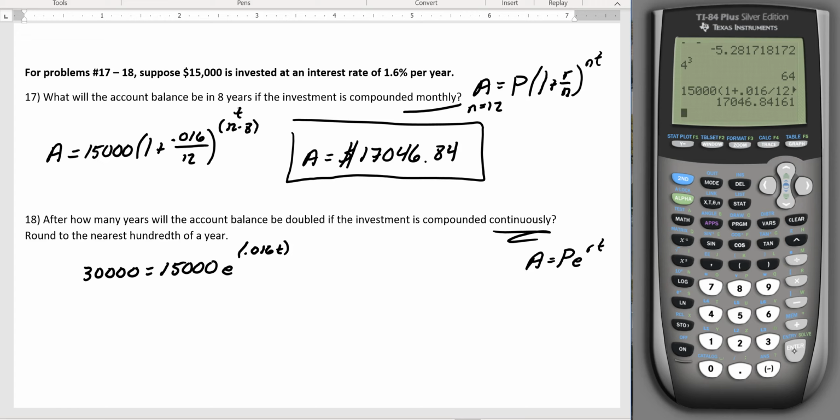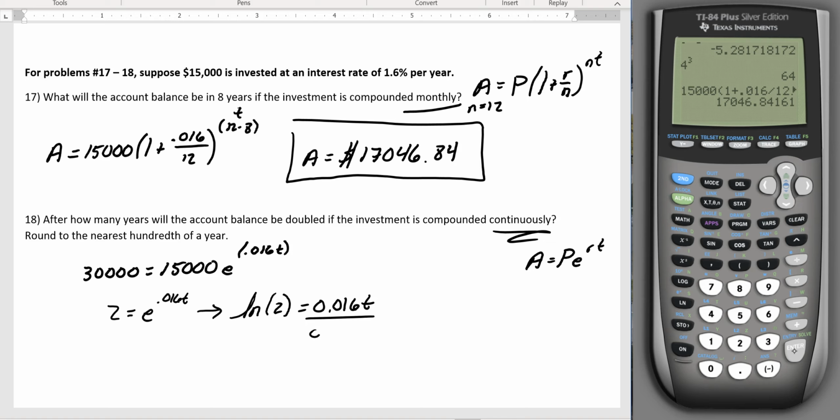So we have to start by dividing by 15,000 on both sides to get our exponential expression by itself. That'll just give us 2 equals e to the 0.016t. Then I can convert this to a logarithm. So the natural log of 2 will equal 0.016t.